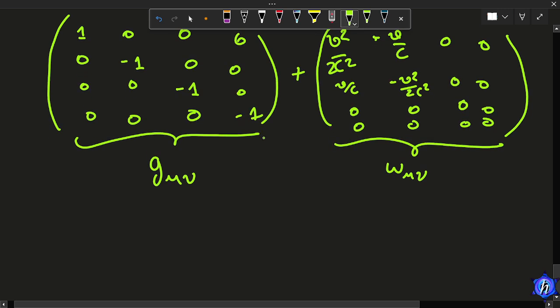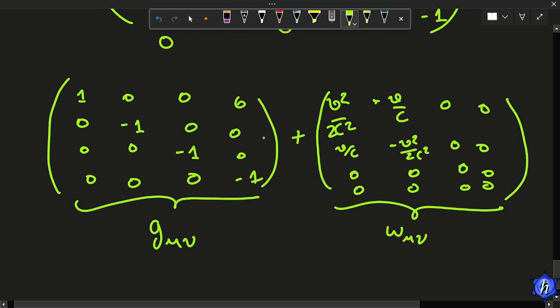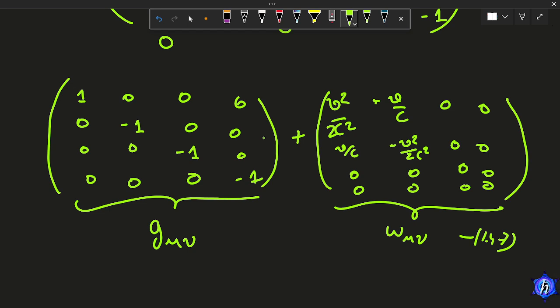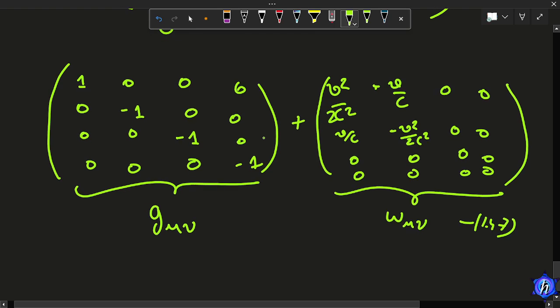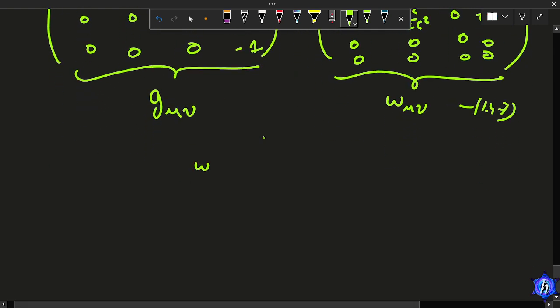Now this metric omega mu nu, did I name this equation? No, right? So let's name this 1.47. The metric omega mu nu in this equation is anti-symmetric. What I mean by anti-symmetric is that under the exchange of any two indices downstairs, it reproduces the metric, but with a minus sign.